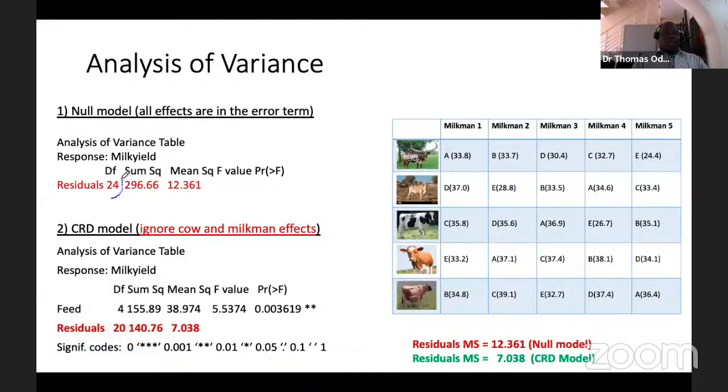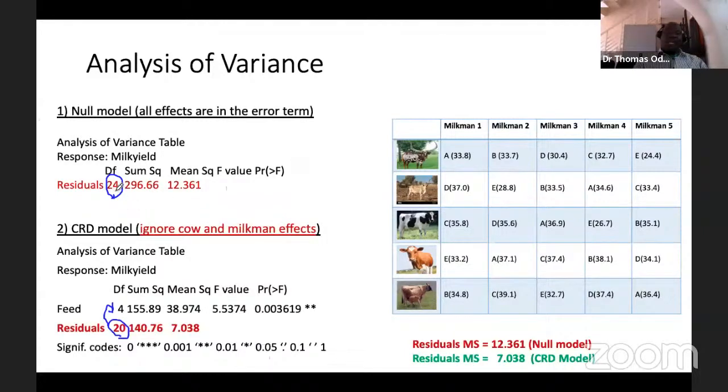But something else is also happening here. The degrees of freedom for the residual is 24, but here the degrees of freedom of the residual is 20. So the degrees of freedom has shifted. Remember, the degrees of freedom of the residual can be considered a measure of efficiency, or precision, of your experiment. The higher the degrees of freedom, the more efficient your experiment is.